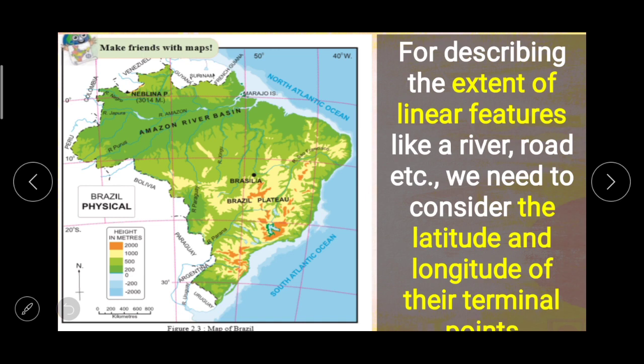So for describing the extent of linear features like a river, road, it's linear in shape, we need to consider the latitude and longitude of their terminal points.